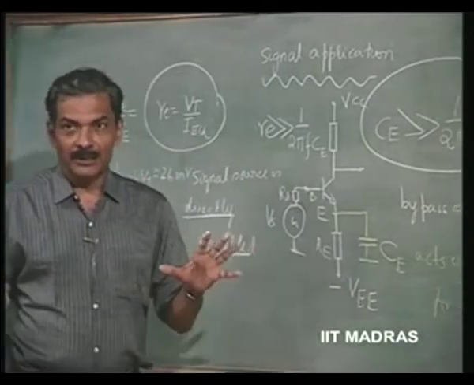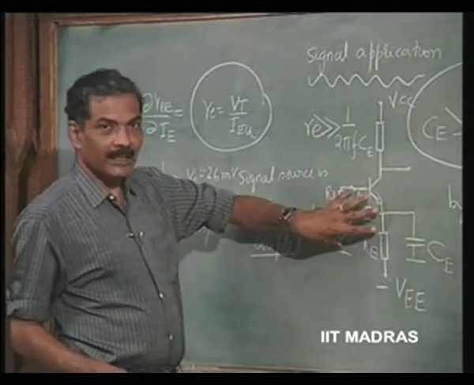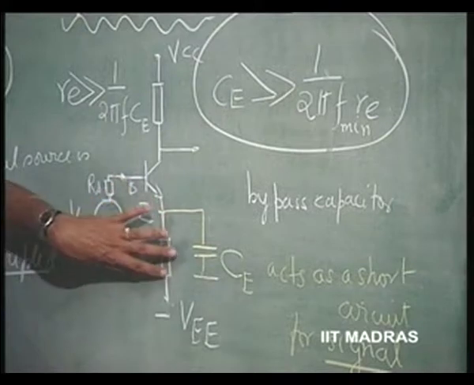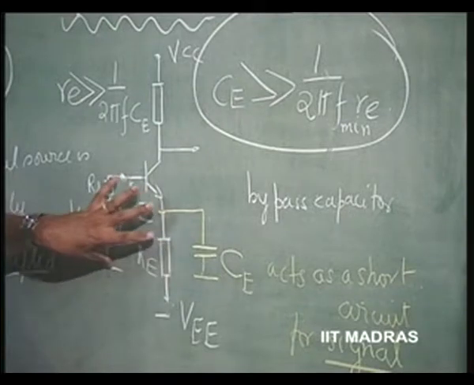How do you do the measurement in the lab? You measure the base voltage with respect to ground, and measure the emitter voltage with respect to ground. Emitter voltage with respect to ground should be very nearly 0 compared to the base voltage.